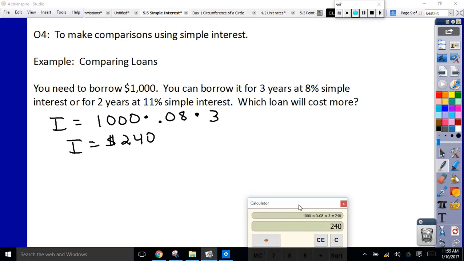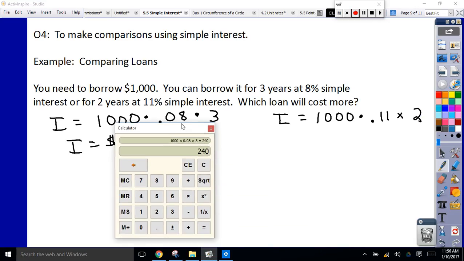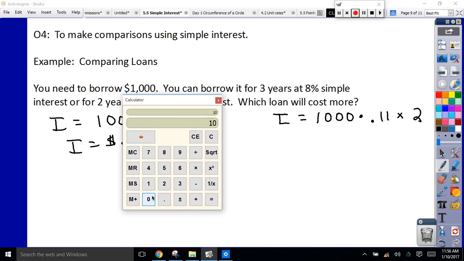Okay, now let's do the second loan. Reese, what's the principal? 1,000. How about the rate for the second loan? Good. Times 0.11 times the time? 2. Okay, so if we do this, we have 1,000 times 0.11 times 2 gives us 220.